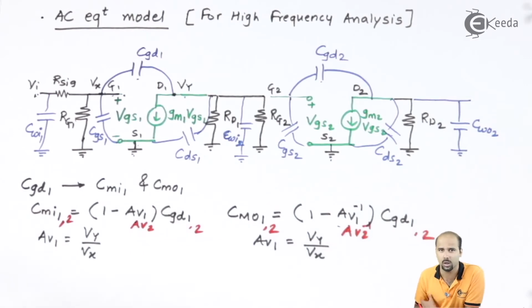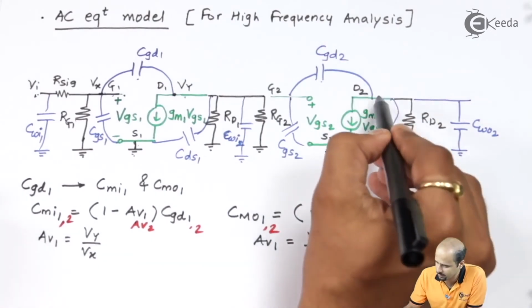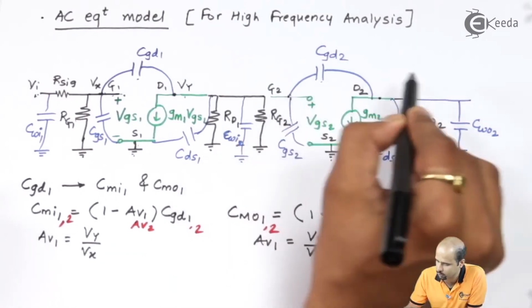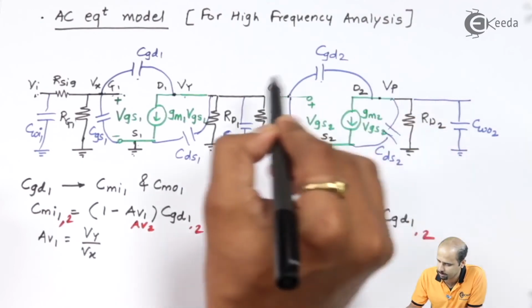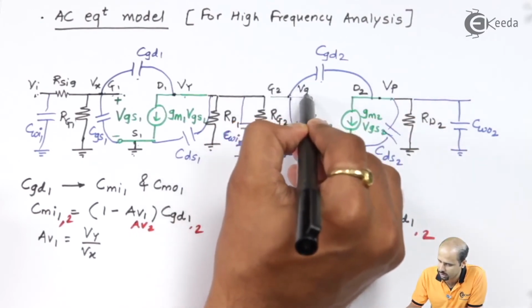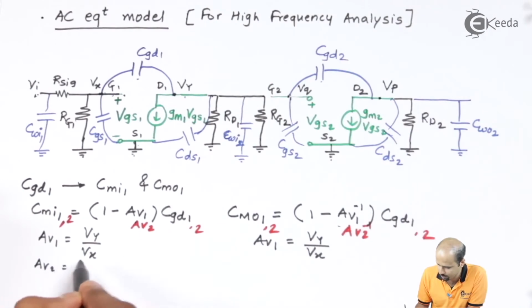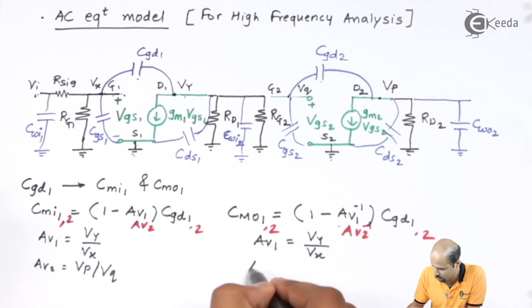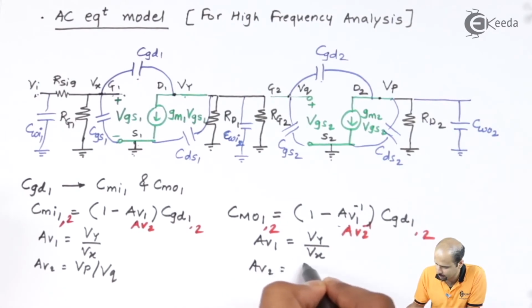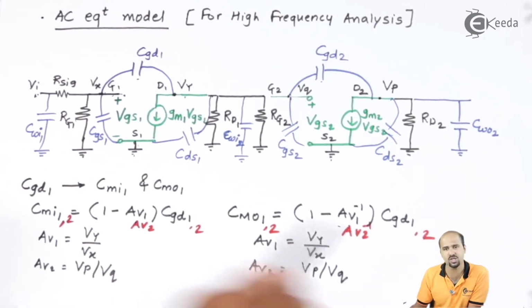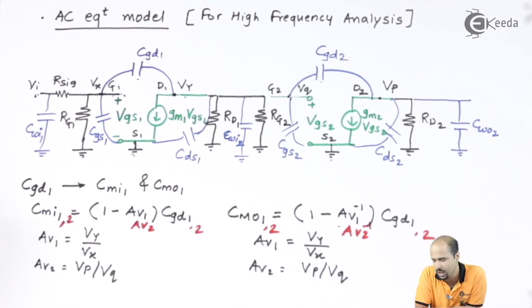Very simple. Now the question arises: how to calculate the value of AV2? Let's say this is VP and this is VQ. So your AV2 will become VP divided by VQ. The rest of the part is the same.